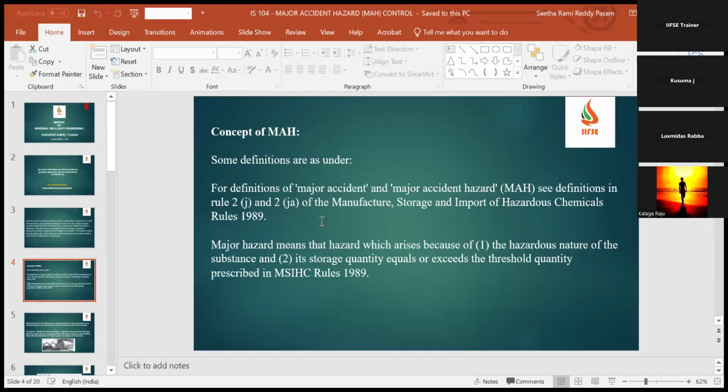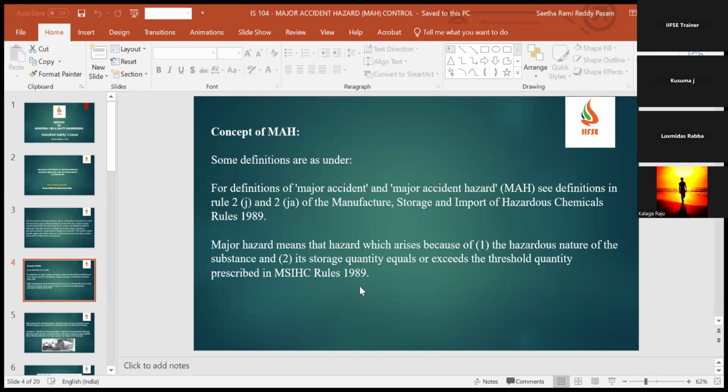When we see the concept, there are a few definitions. For the definition, we have taken from the MSIHC rules, which is Manufacture, Storage and Import of Hazardous Chemicals, 1989. We cover this topic in IS 105, which is the legislation paper. When we say a major accident or major accident hazard, we refer to rule number 2.